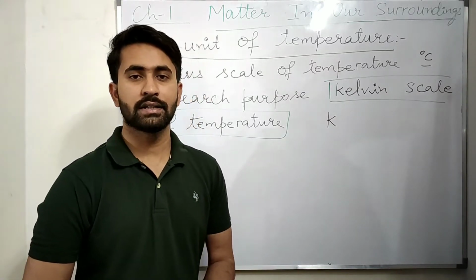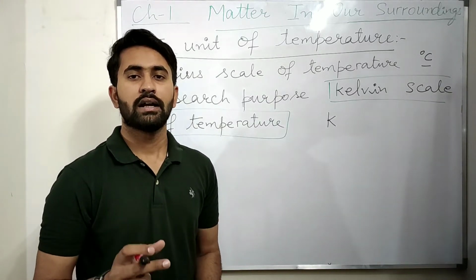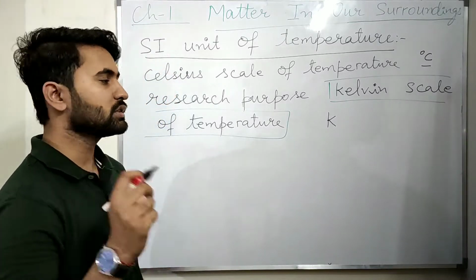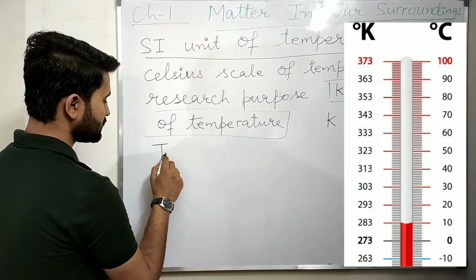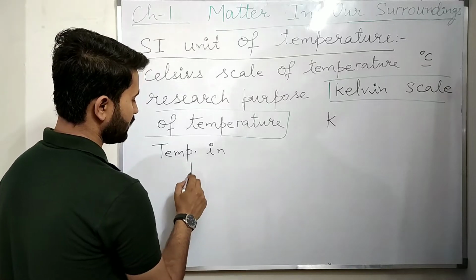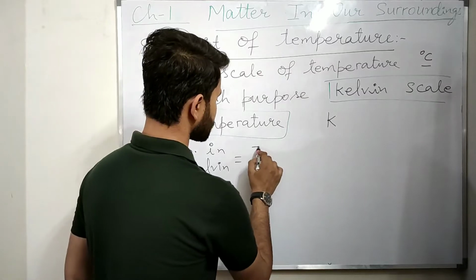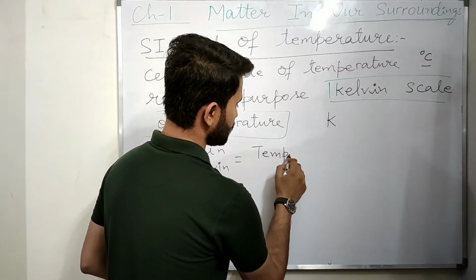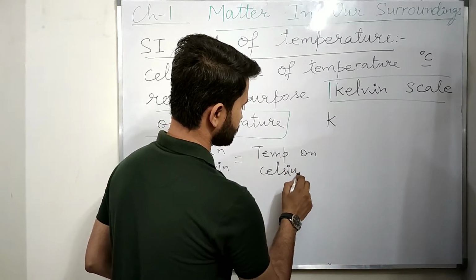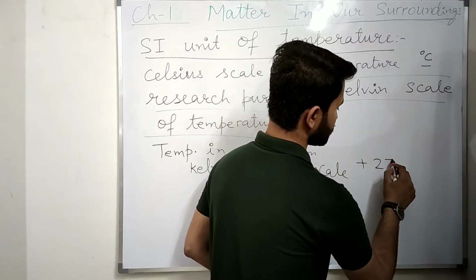That formula is: temperature in Kelvin is equal to temperature on Celsius scale plus 273.